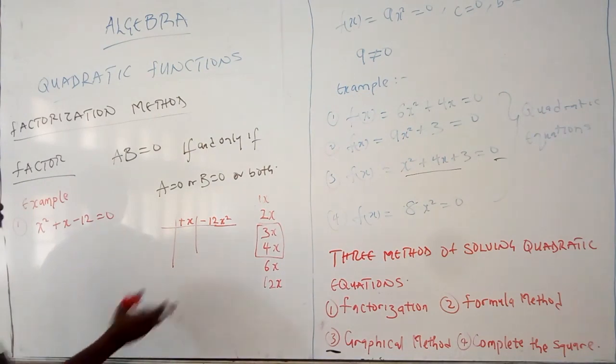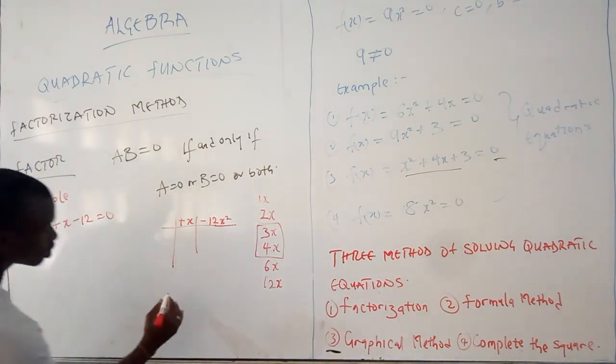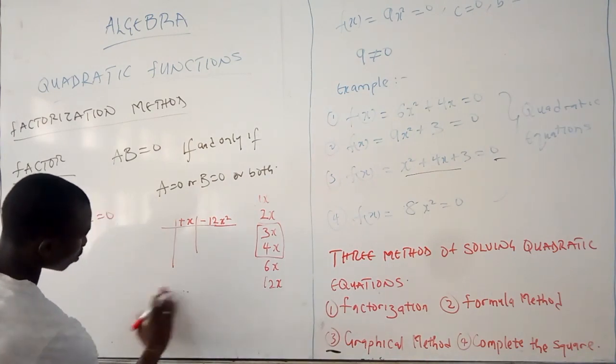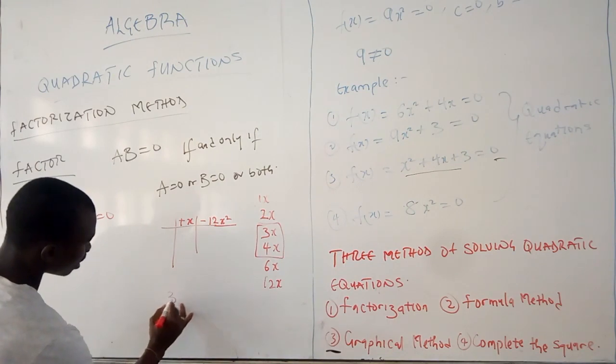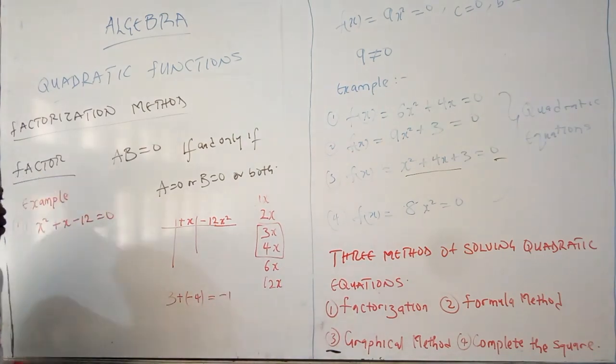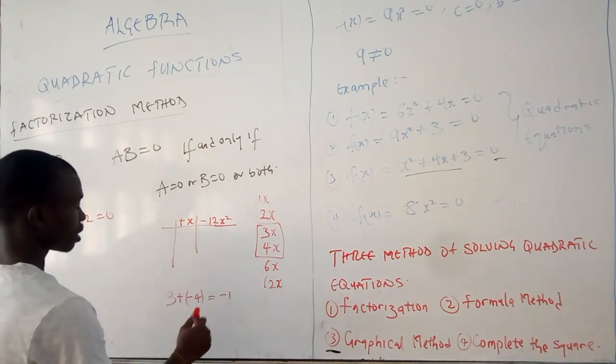The difference between 4 and 3 is 1, but we are adding. So let's say 3 plus minus 4, we end up arriving at minus 1.